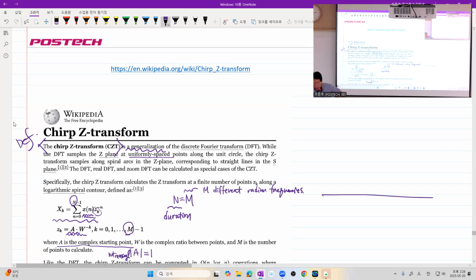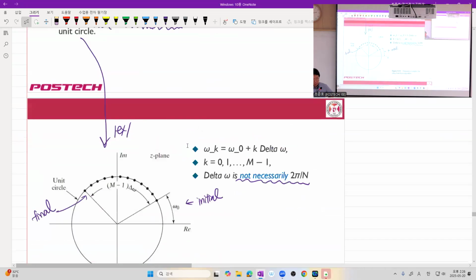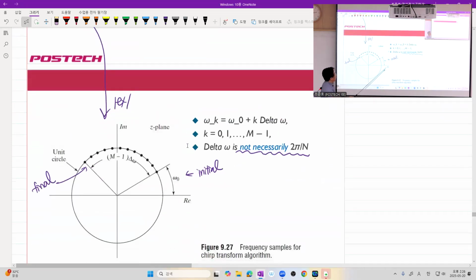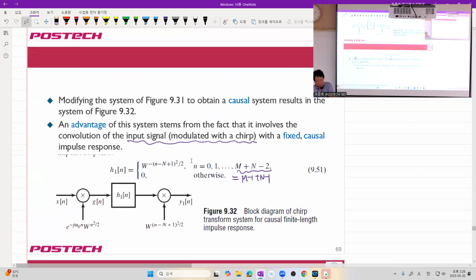So our textbook had the unit circle, and let me show you again. Yeah. The points on the unit circle, but this chirp Z transform has a more general setting.